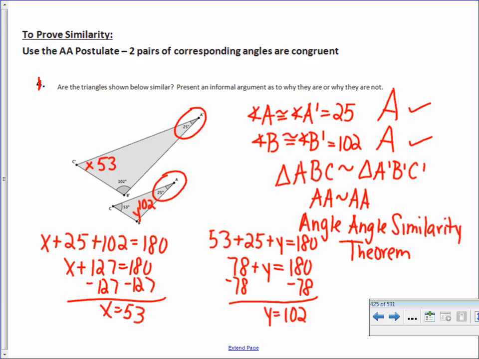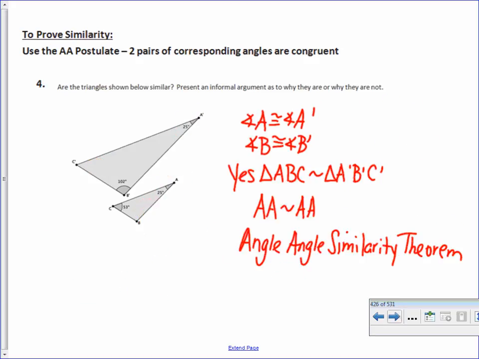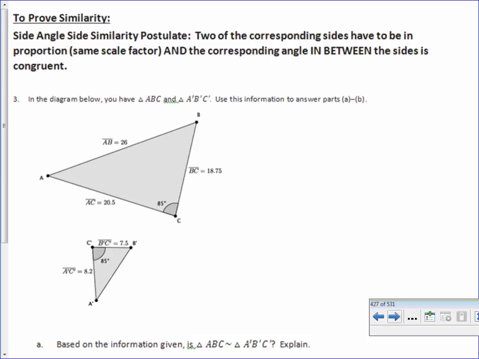Let's go on to page 87. This is my situation. I have triangle ABC and triangle A prime, B prime, C prime. Is triangle ABC similar to triangle A prime, B prime, C prime, and explain? So the first thing I'm going to do is look. I'm not doing a dilation proof.